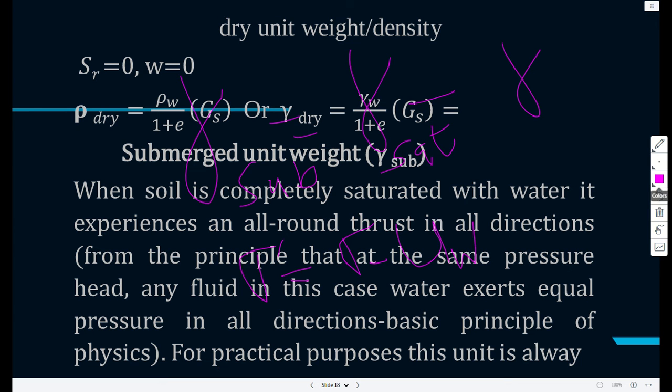Two questions for you, or we think together. When the pore water pressure goes down, what happens to sigma prime? Goes up or goes down? I'm waiting for response. Hello?